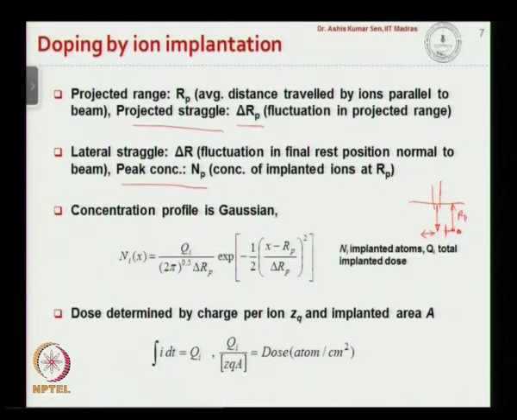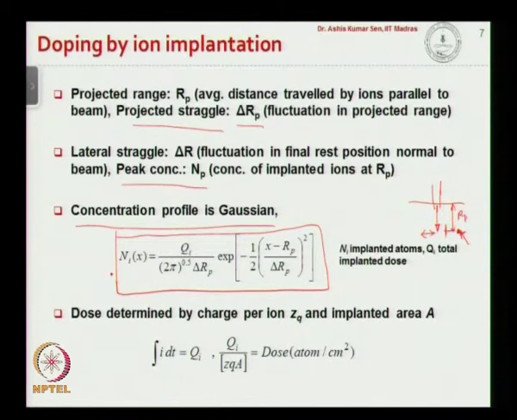So if this is the projected range, the peak concentration would occur at the projected range. Okay. So here in this case it has been found that the concentration profile is Gaussian in nature. So this is the equation by which you can express how the concentration of the doping varies.